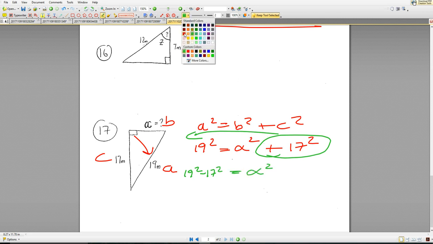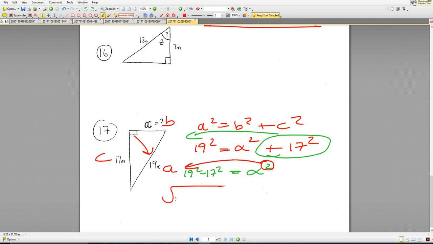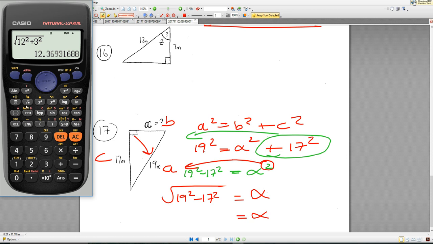Now I need to move the squared over. It becomes the square root on that side. So we're going to have the square root of 19 squared minus 17 squared. So we have a minus inside the square root, and that will give us the side that we need. So we grab our calculator, we press the square root button, we press 19 squared minus the 17 squared, and that gives us 6 root 2, which gives us 8.485.